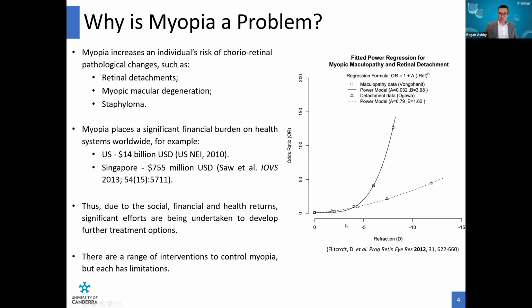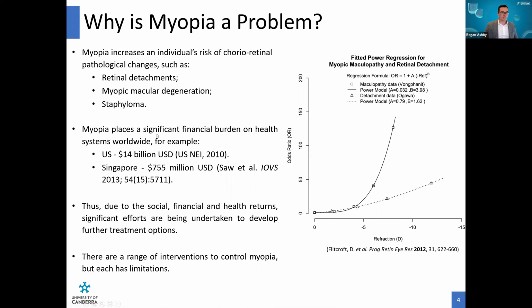And you can see as the severity of myopia increases, the odds of one of these two problems increases significantly. What's most important is when someone moves from what's referred to as myopia to high myopia, and high myopia is usually defined as -6 diopters or greater of myopia, you can see that the odds really start taking off for one of these pathological changes.